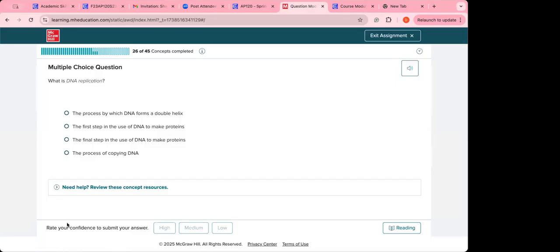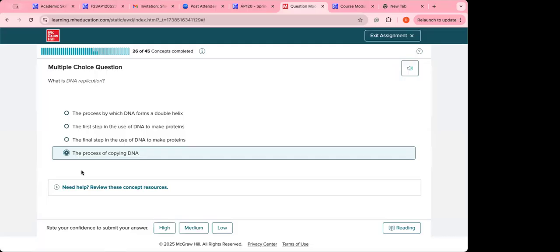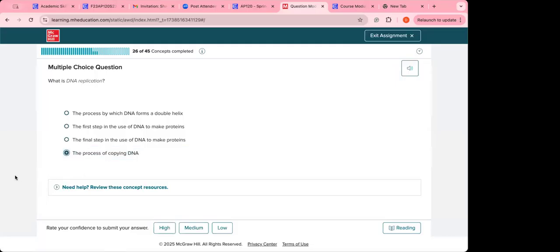That's what replication is. It doesn't have anything to do with making proteins. That's different, because that's not what replication does.